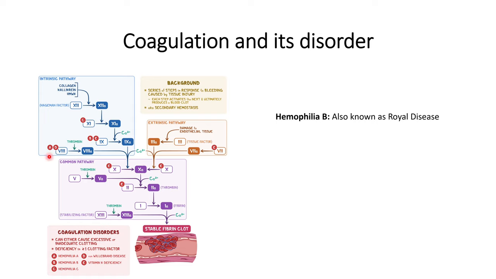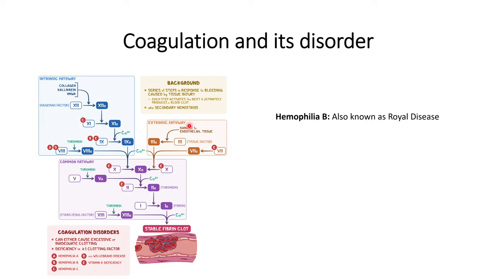The absence of factor 8 will lead to two kinds of disease: one is hemophilia A, and another is von Willebrand disease. If factor 8 is not there, this might decrease the efficiency of the intrinsic pathway, and this might cause bleeding of blood for a longer duration of time.